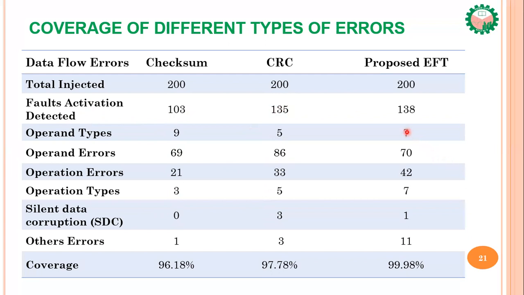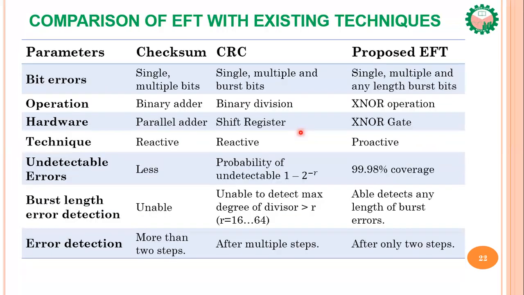And in our proposed system, all our summation parameters are activated, then our effective fault tolerance detects the error, 138 are equal. We have observed here our proposed system has better performance than the others, CHECKSUM and CRC.